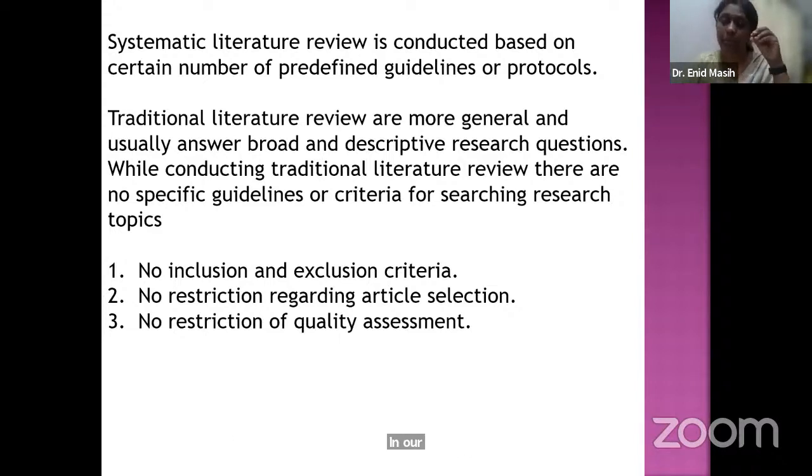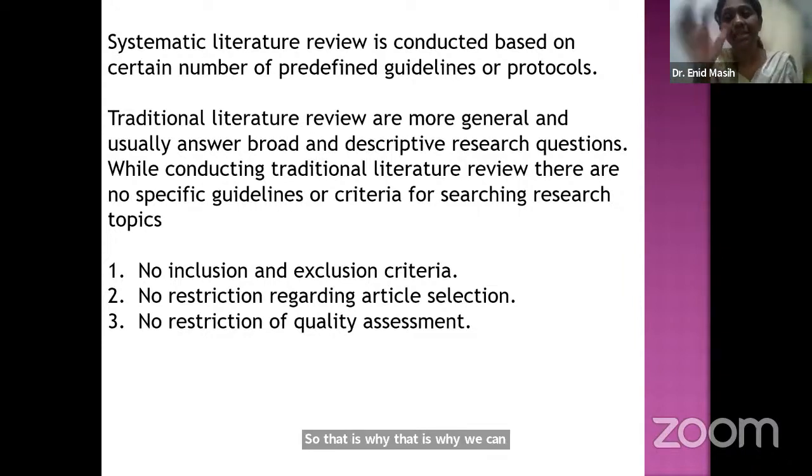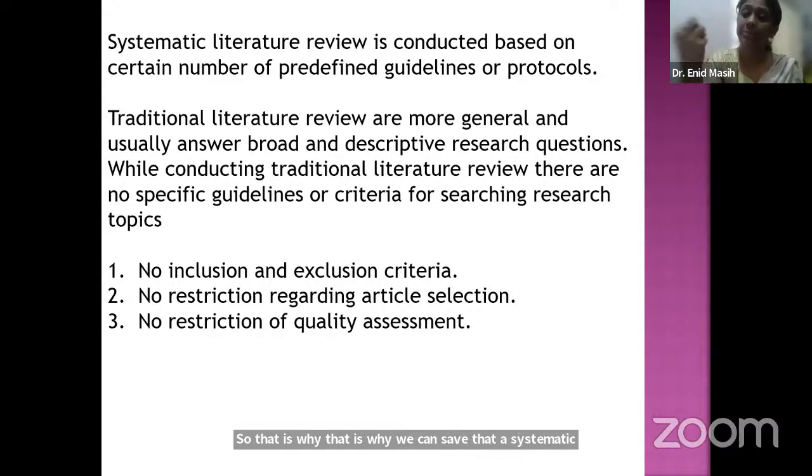So all these three points, which do not exist in a traditional literature review, are basically the core of a systematic literature review.